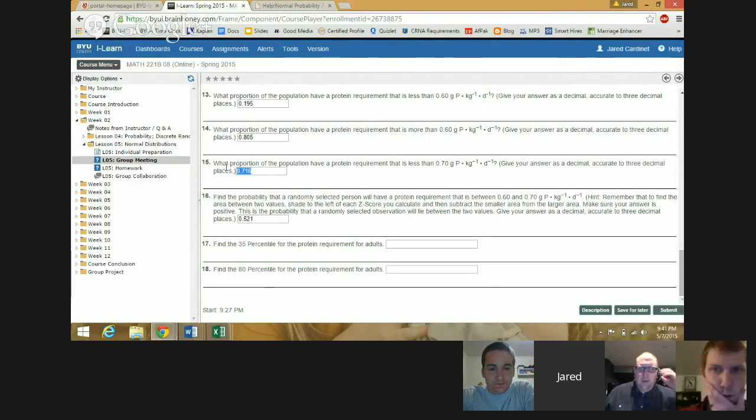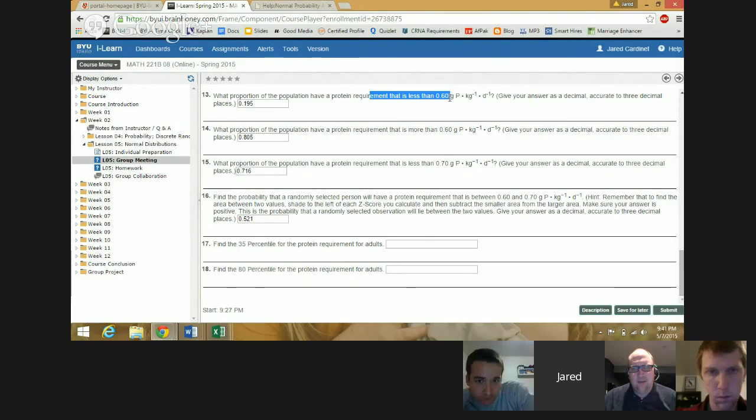I took this number, because it's the less than 0.7, and then we subtract the less than 0.6 from it. And that should give us a number. Right? Yep.